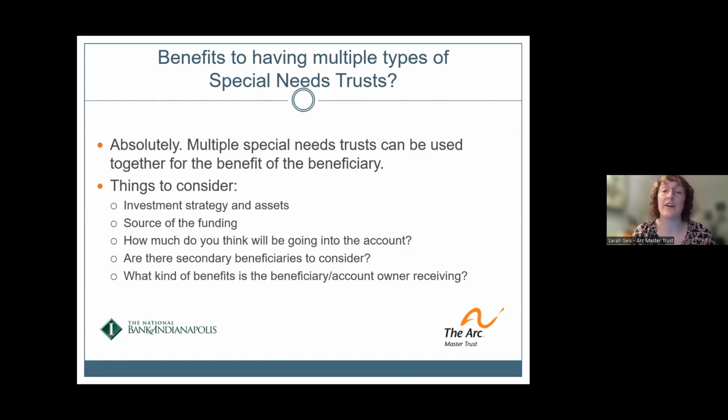Where is the source of the funding coming from? Is it third-party assets or first-party assets? How much do you think is going to be going into the account? Are there secondary beneficiaries to consider? And what kind of benefits is the beneficiary currently receiving? These are all things you would want to consider as you explore and find what might work best for you.